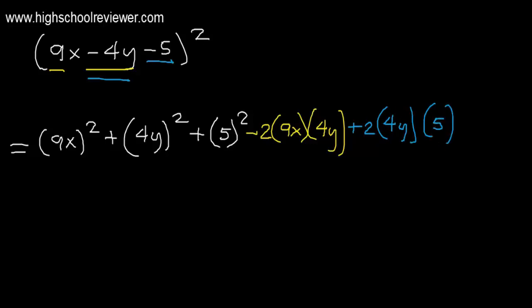And then next, we will multiply by 2 the first and the third term. Positive multiplied by negative, this will give us negative 2 multiplied by the first term multiplied by the third term. And then let us expand.